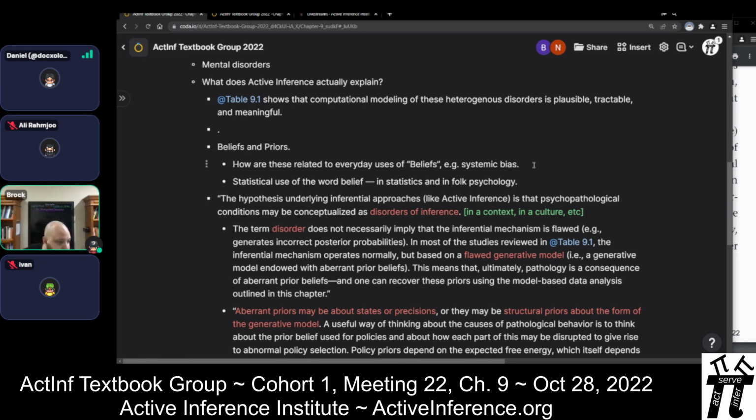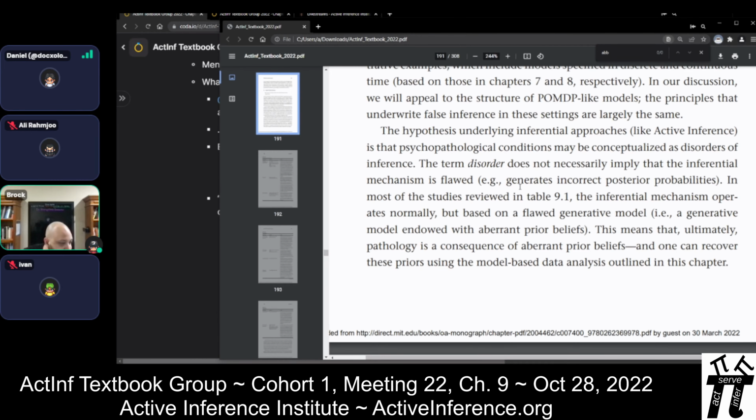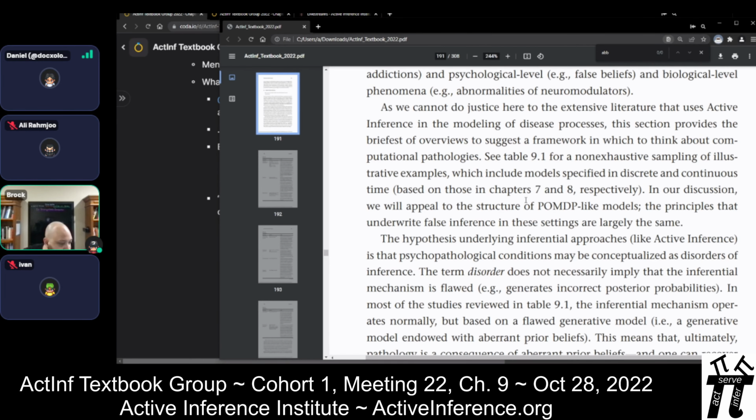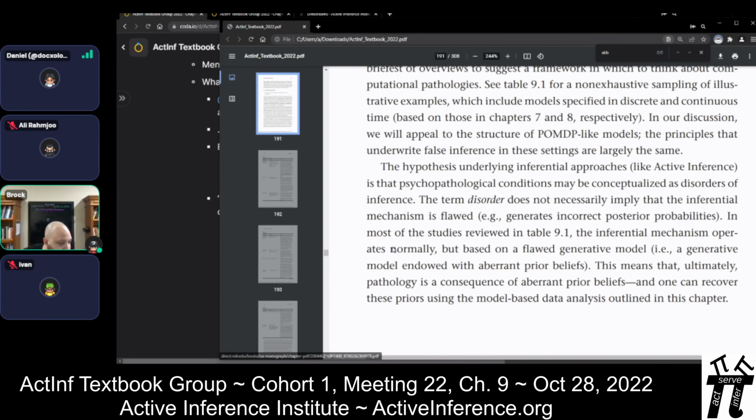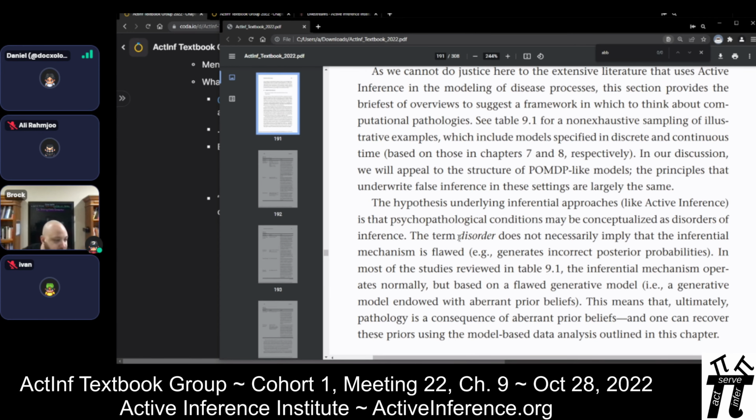Well, let's just take 2 steps back for a second. In the text, at the bottom of page 185, at the top of that, it says the inferential mechanism operates normally, but based on a flawed generative model. This means that ultimately pathology is a consequence of aberrant prior beliefs.